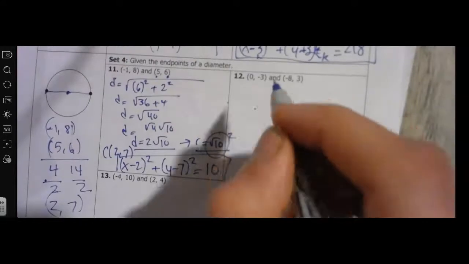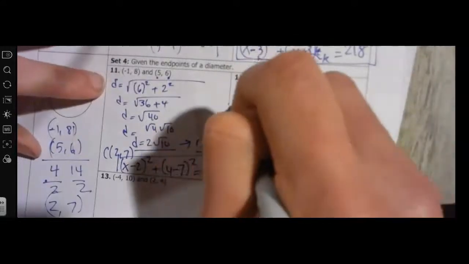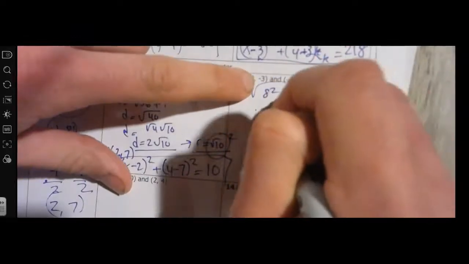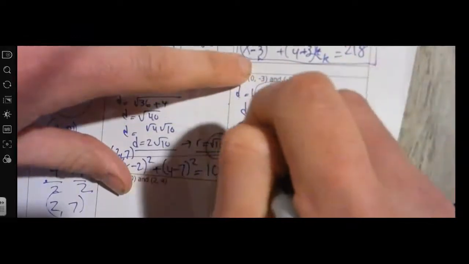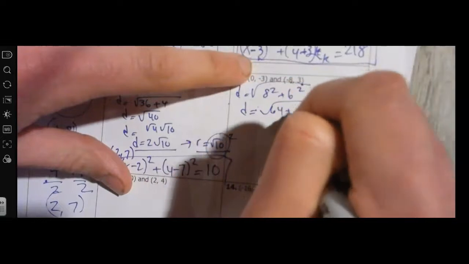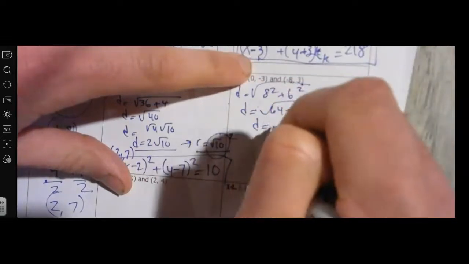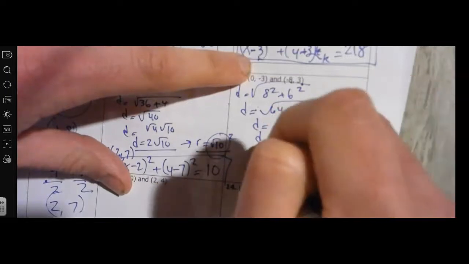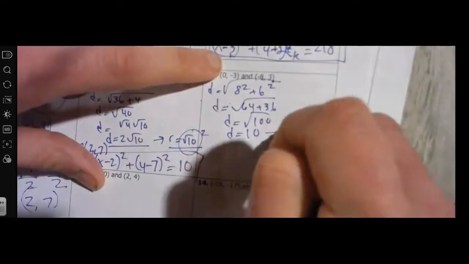Now over here, again, we do the same thing. We find the distance all the way across because they're endpoint problems. So the distance all the way across is going to equal 8 squared plus 6 squared. So the distance is equal to what? 64 plus 36. So our diameter, or distance all the way across, is equal to the square root of 100. So the distance all the way across is 10. That means our radius is equal to 5.